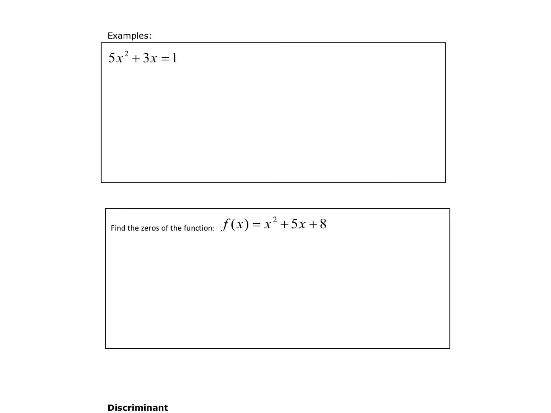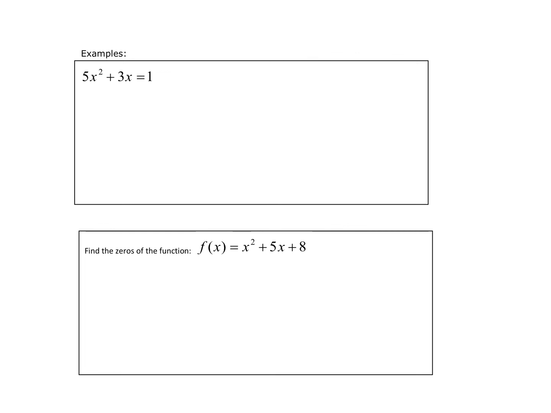What we need to know is that this has to be set equal to 0. So in this particular case, we're going to make this 5x squared plus 3x minus 1 equals 0. So in this case, a is 5, b is 3, and c is negative 1. See how important it is to move that over. It's not just the constant, it has to be set equal to 0. And then we plug it into our formula.